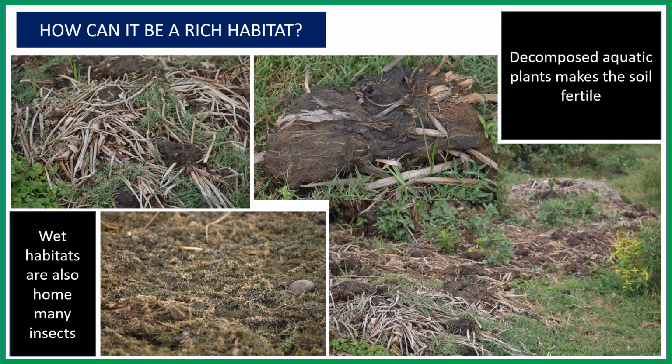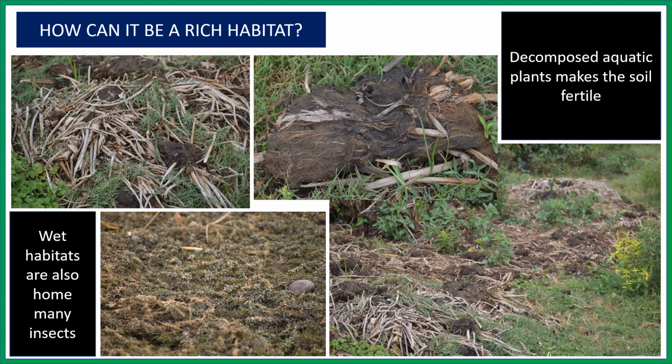So let's talk about how a wetland or such kind of habitat can be a rich habitat. We call a certain place a wetland when it is either covered with water the whole year, or covered seasonally. In the rainy season these places are covered wholly with water, and in certain places they dry up.